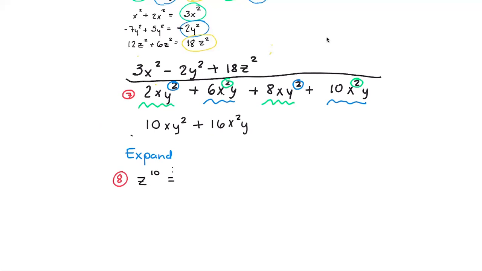How would you expand c to the 10th power? C times C times C times C times C times C. Exactly. C times C times C times... It's like exponents.